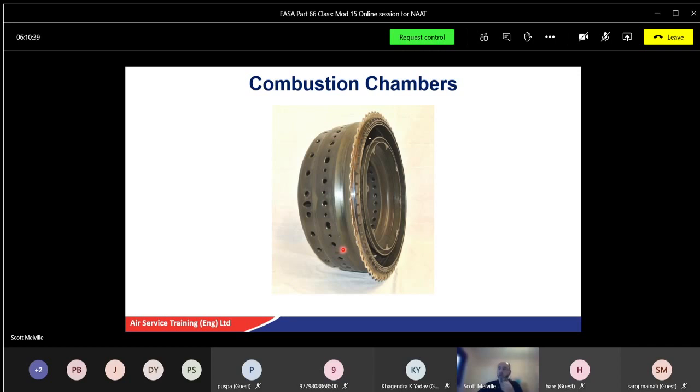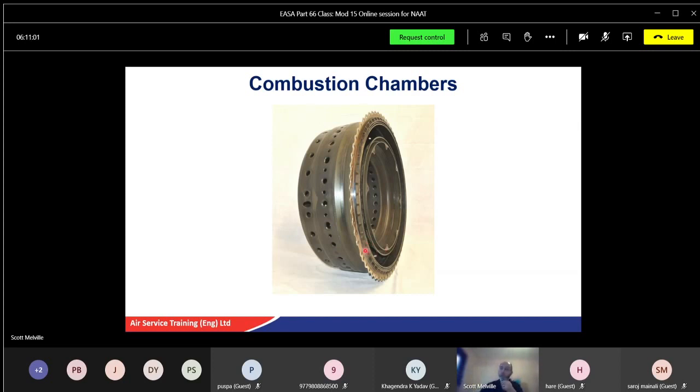It's not in the book, just a good thing to remember. Probably inside the liners here, you've got the outside liner and the internal liner, where there are welds or lots of little cooling holes. If one cracks, that's a stress point, and then it'll crack to the next hole, and it'll literally unzip all the holes, to the point where you can also get the combustion can split in half.